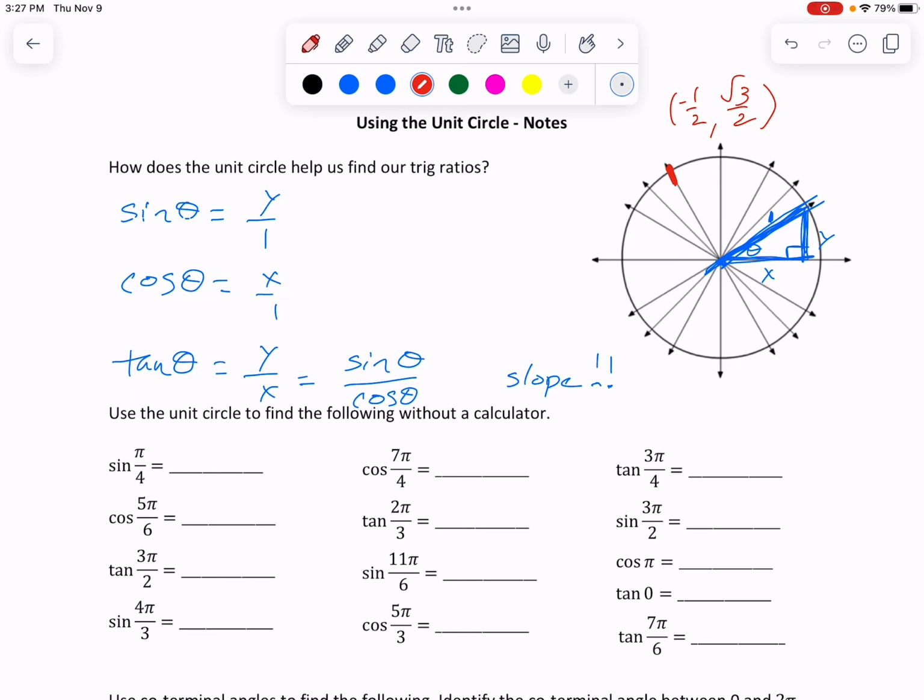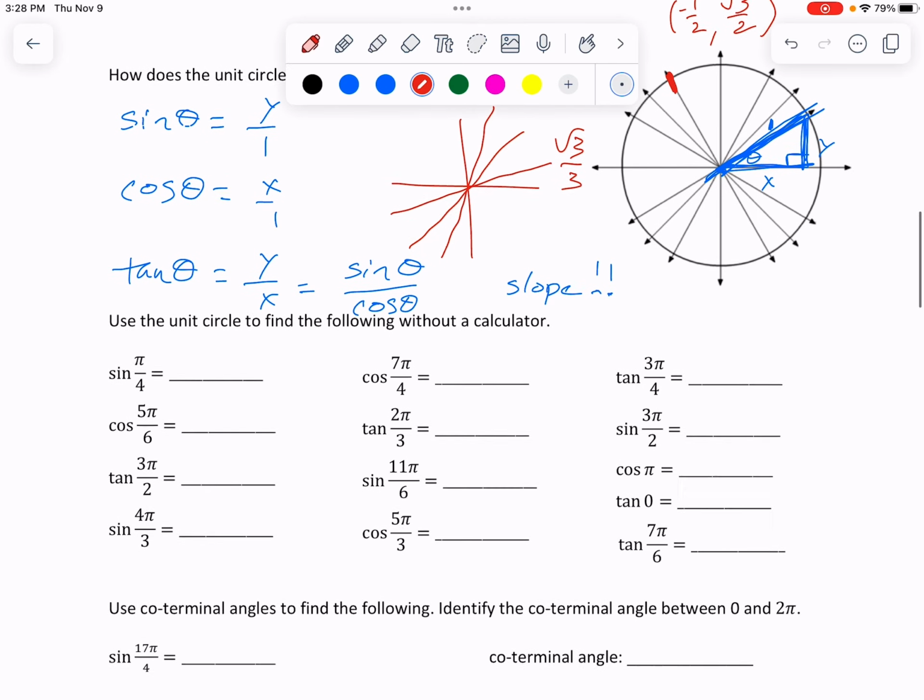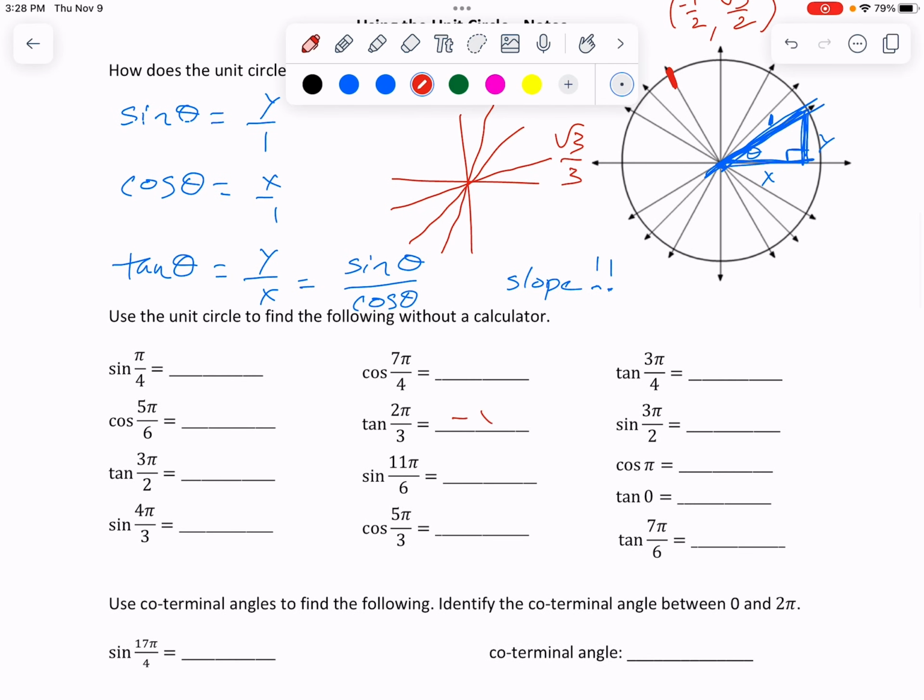I can do the y, root 3 over 2, divided by negative 1/2, or I can think of my slope values: either I have a slope of 0, an undefined slope, a slope of 1 or negative 1 in the other quadrants. I have a shallower slope of root 3 over 3 and a steeper slope of root 3. That's the steeper slope, but it's negative, so negative root 3 is my tangent value.